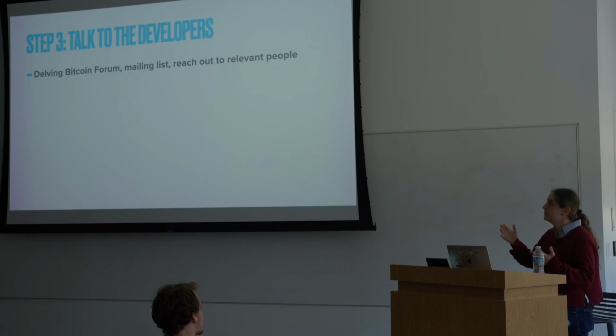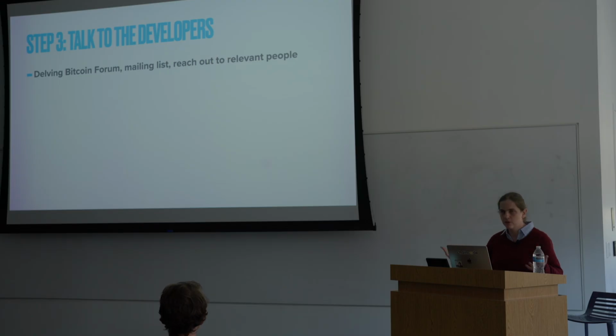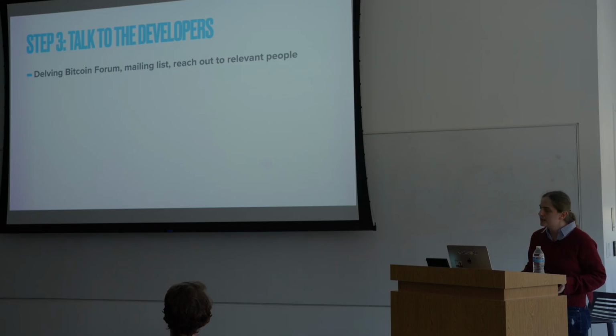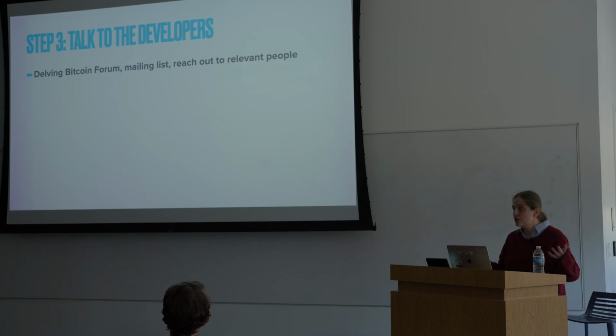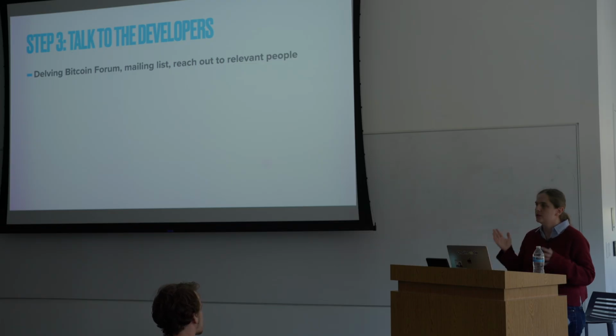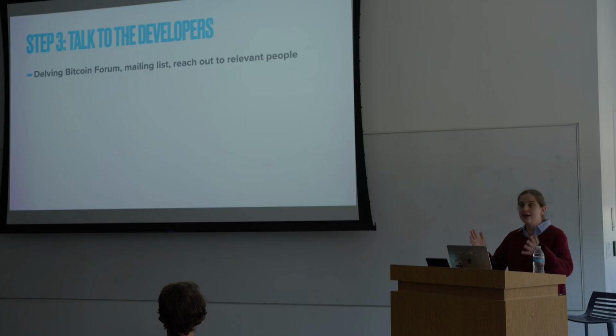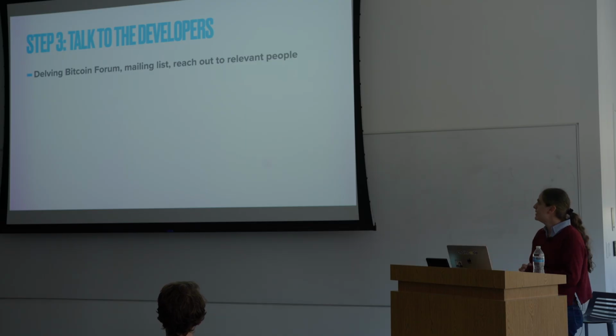And the way to do it is, we have the Delving Bitcoin forums, which is my favorite form of communication these days. There are mailing lists. You can just reach out to relevant people, just drop them an email, find them, talk to them at events and so on. A lot of people have grants and are looking for a flagship project. And then in this example, if you have a problem that is known and floating around for years, and you come up to a dev and say, hey, let's solve this together, it might work.